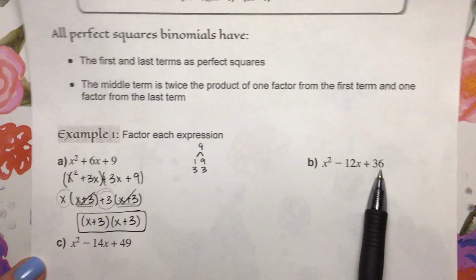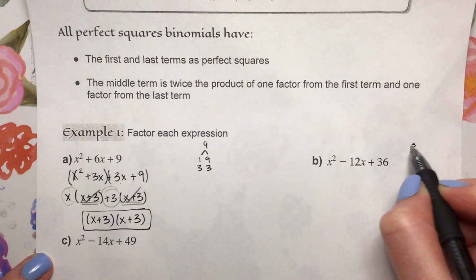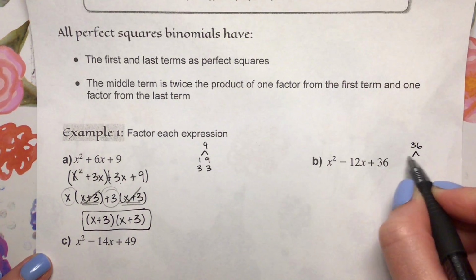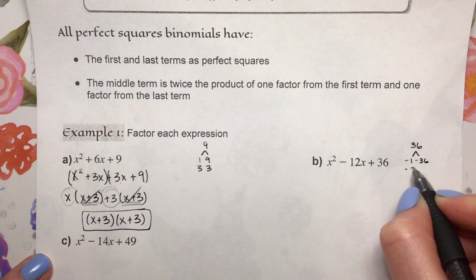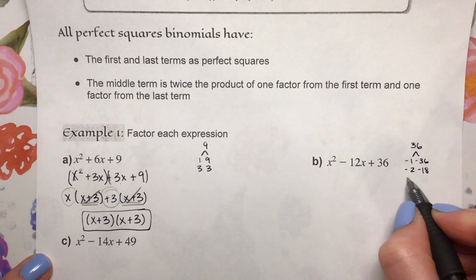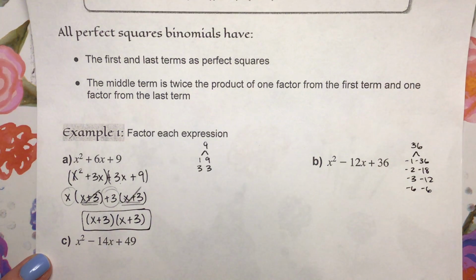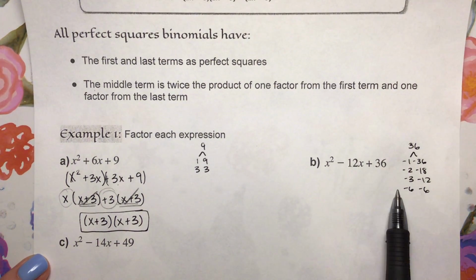So let's do that again here. We're looking for things that multiply to positive 36 but add to negative 12. So some things that multiply to positive 36 that also add to a negative number would be negative 1, negative 36, negative 2, negative 18, negative 3, negative 12, or negative 6, negative 6. So we know we need to use our negative 6 pairing.